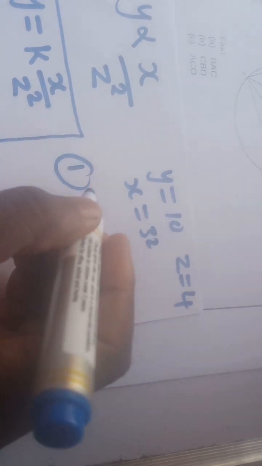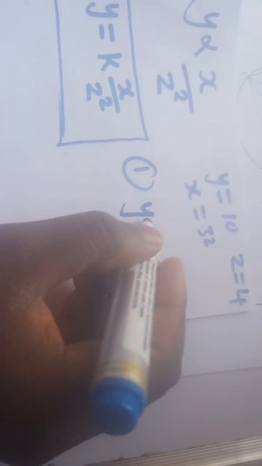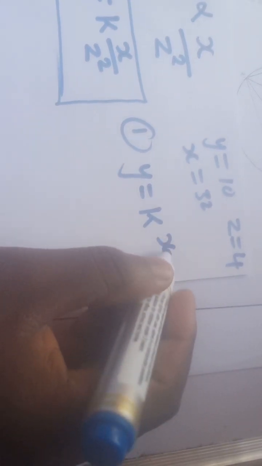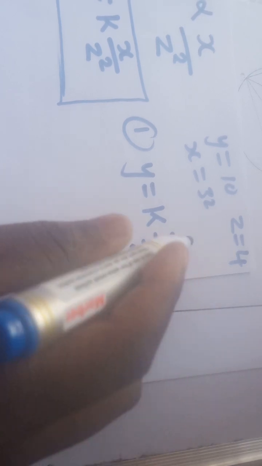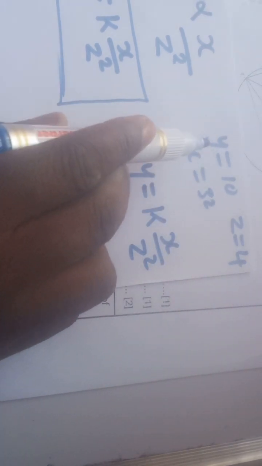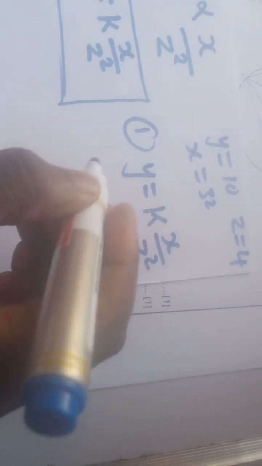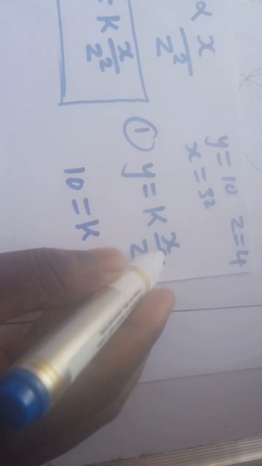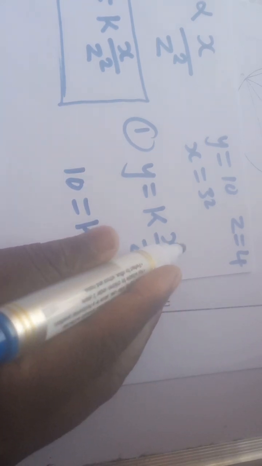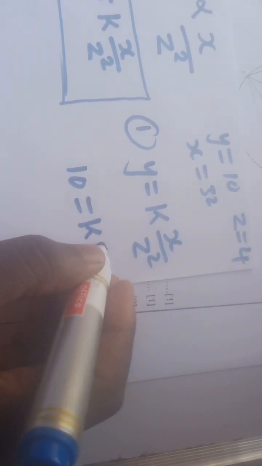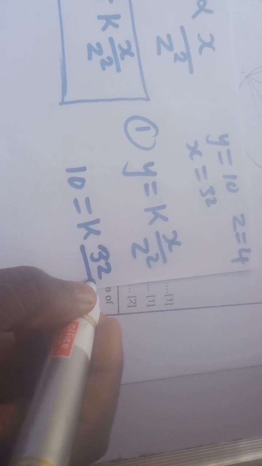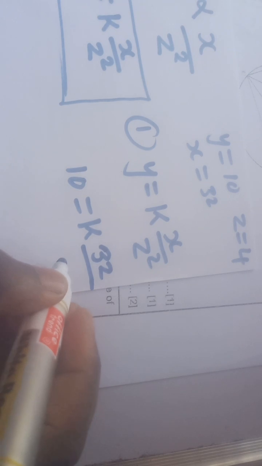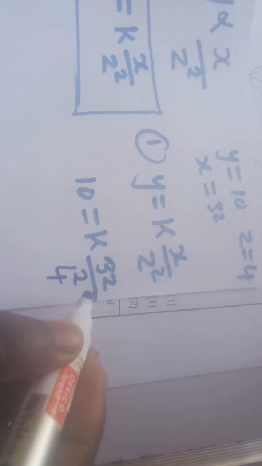So we say y is equal to k times x over z squared. What is the value of y here? The value of y is 10, so where there is y, you put 10 equals k. The value of x is 32, so we say 32 over the value of z. z is 4, so it will be 4 squared.